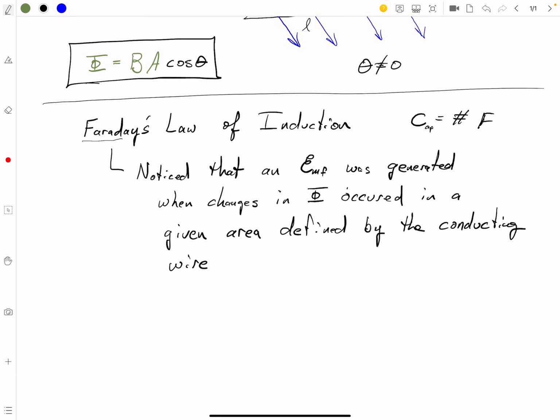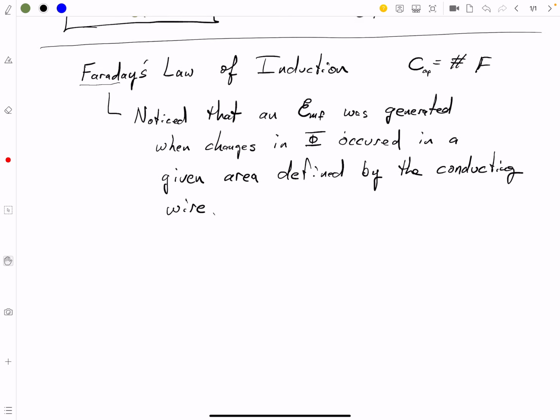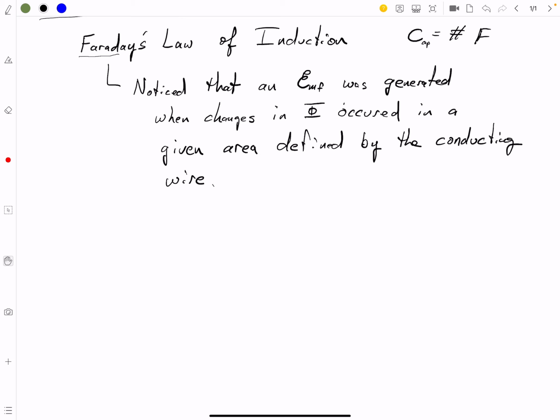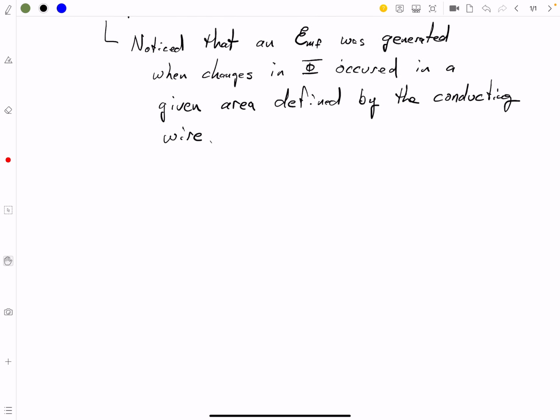So that helps everyone in the world because he took his information and he wrote it all down. So Faraday found 3 things. 1, he found that the EMF is proportional to delta phi, so the change in phi, okay?